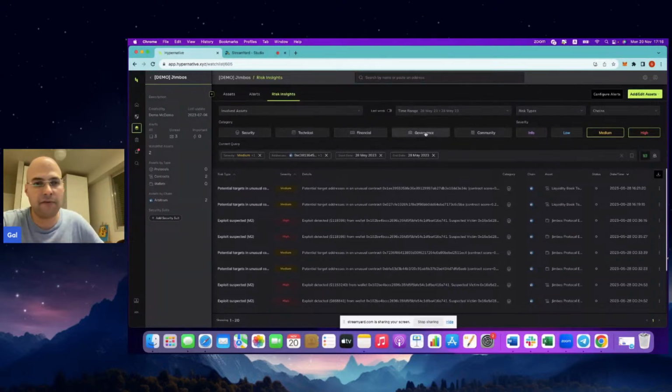Governance, and this is something that some people don't know, but a governance proposal is another attack vector that Hypernative is covering, which has been used in a few attacks that historically happened through governance proposals. And the entire on-chain deployment of code is another attack vector, right?